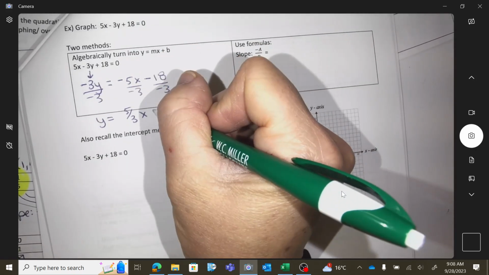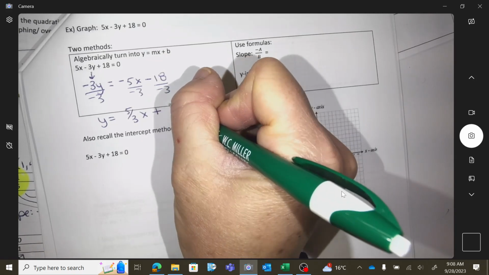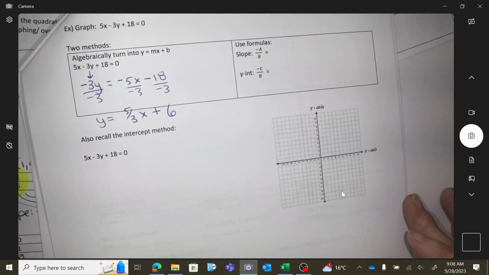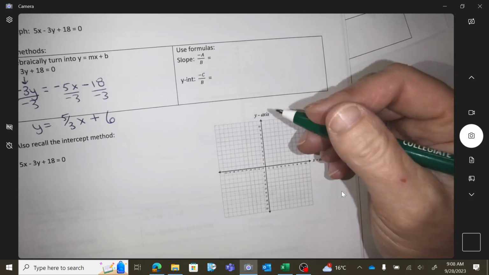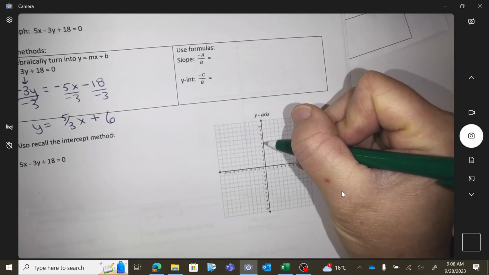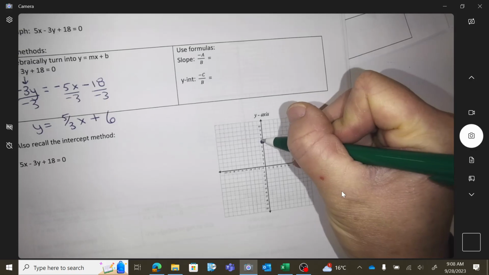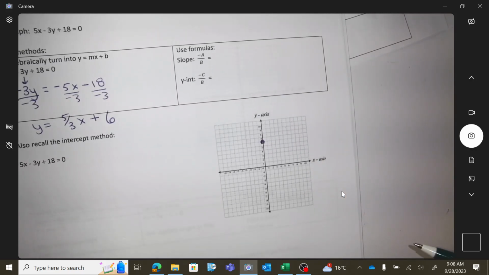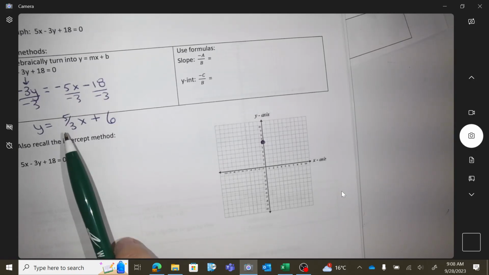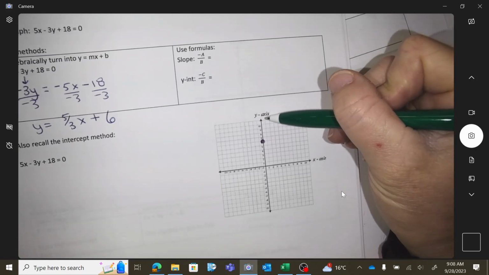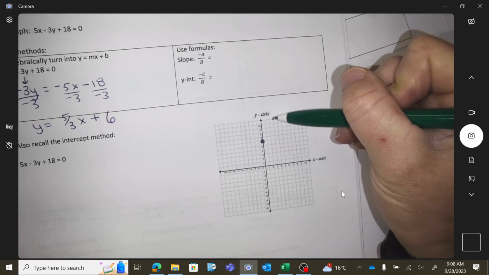And same thing here, two negatives, so positive 6. Okay, we're going to graph it already, because I can graph it now. The y-intercept is 6. And this would say, go up 5, right 3. Up 5, right 3.